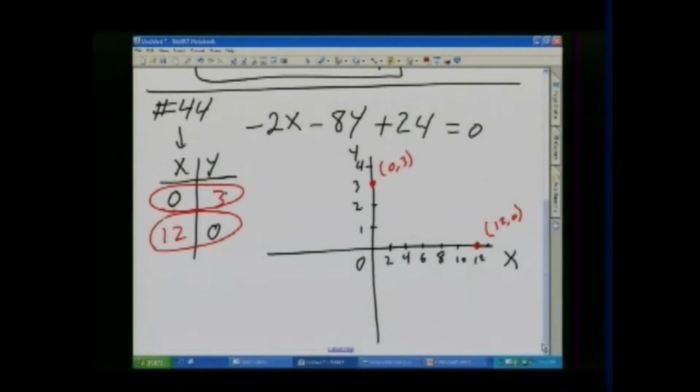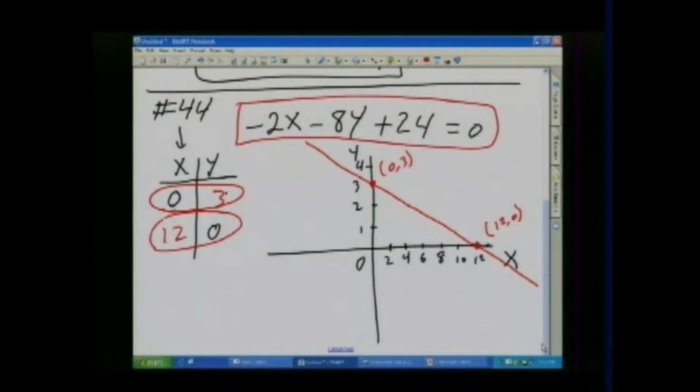If I connect these 2 points together using a straight line, I can continue actually. This line would represent this equation.